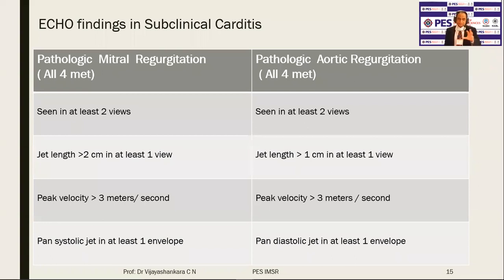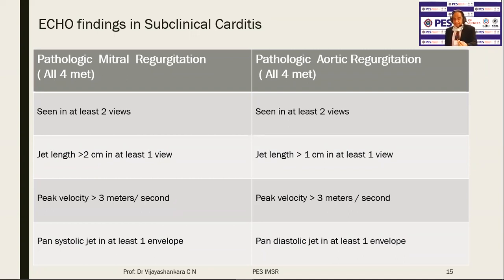So these are some of the findings on echo: seen in at least two views, jet length more than 2 centimeter in at least one view, peak velocity of more than 3 meters per second, and pansystolic jet in at least one envelope. For aortic regurgitation, it is almost a similar criteria, where we look at the jet length, peak velocity, and the jet.